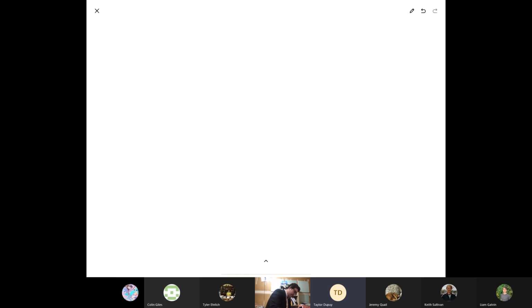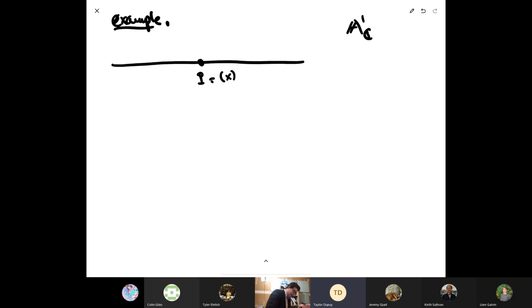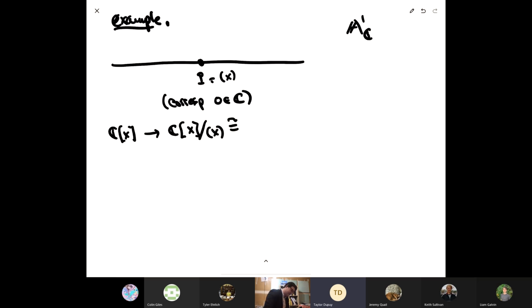In A1, we have a special point P. P corresponds to the ideal (x), the point 0 in C. Then there's this quotient map from C[x] into C[x] mod the maximal ideal, which is just C. This is really like evaluation at 0. And then we have these nilpotent thickenings here.